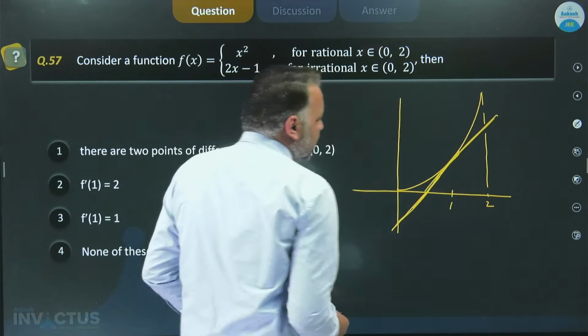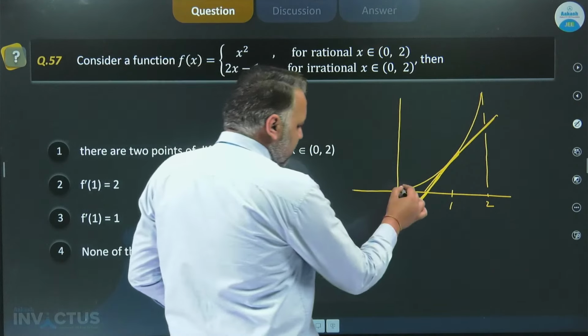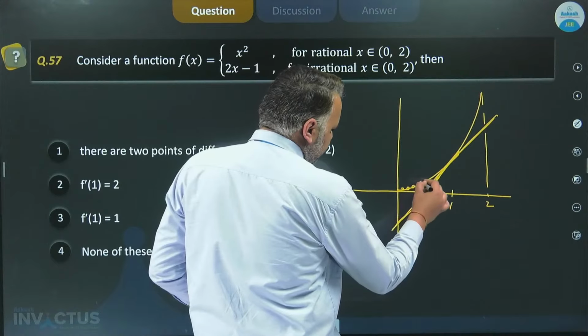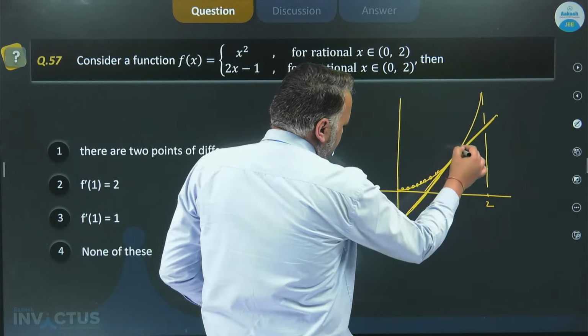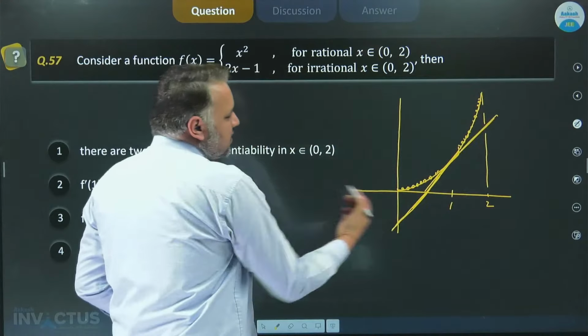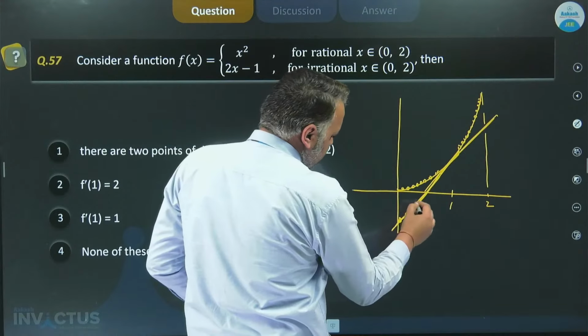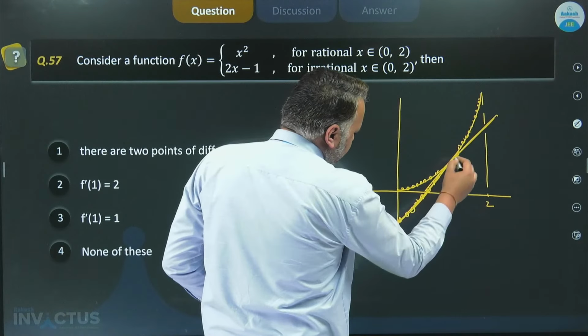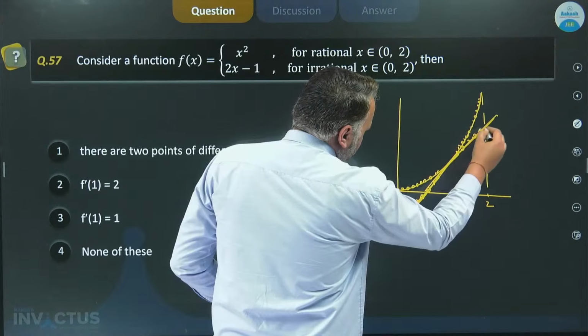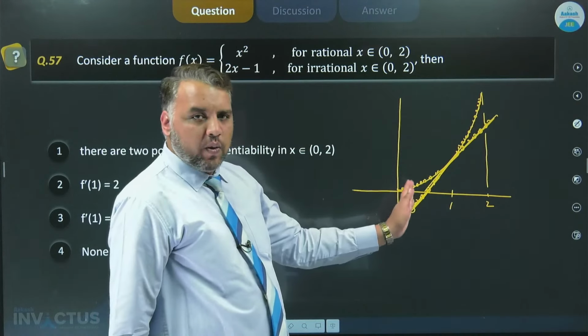Now we have defined fx as x square only for rational values of x between 0 to 2. So you will see some discrete nature here, like this. And similarly, this 2x minus 1 is defined for irrational values only. So there will be discontinuity if you observe this graph other than 1.